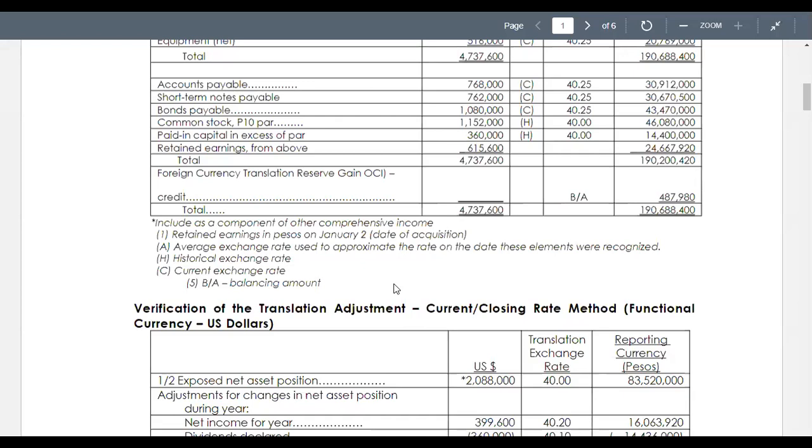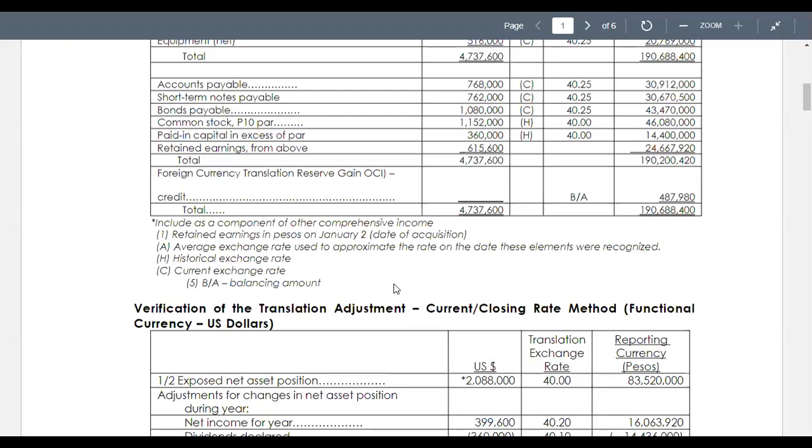Then cash 0.16C, common stock 0.28H, depreciation expense 0.26H, dividends 0.20H, notes payable 0.16C, patents 0.25H, salary expense and sales are each 0.19A. Okay? So that's problem 2.